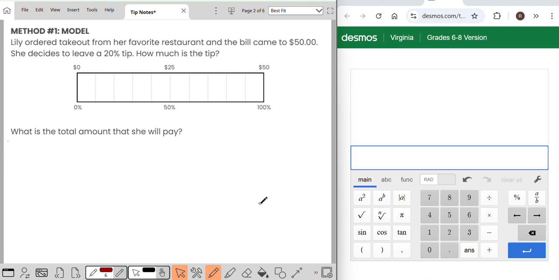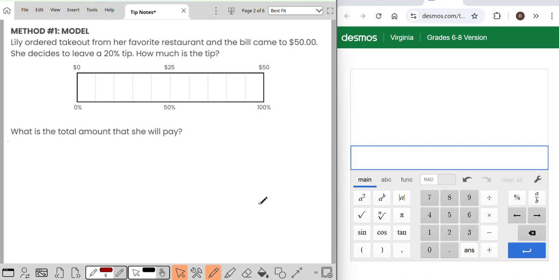So if you can see that model there, it is split into 10 equal pieces. If you look across the bottom, before you start on the left, it's 0%. Halfway through is 50%, and then all the way to the end is 100%. So those are the percentages.